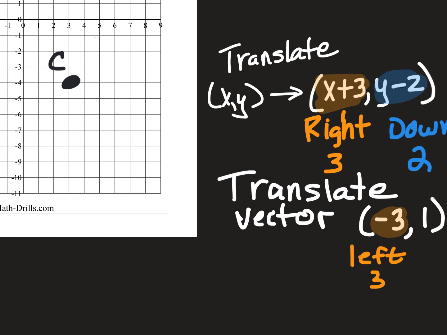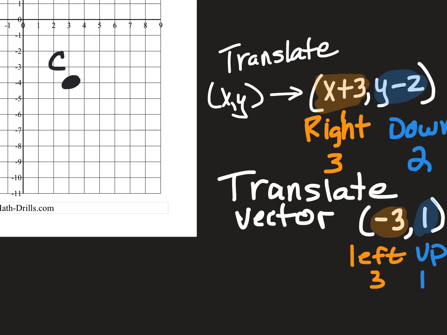What direction are we probably going to be going in? Since that second one tells us up or down and it's a positive, the positive numbers are up.